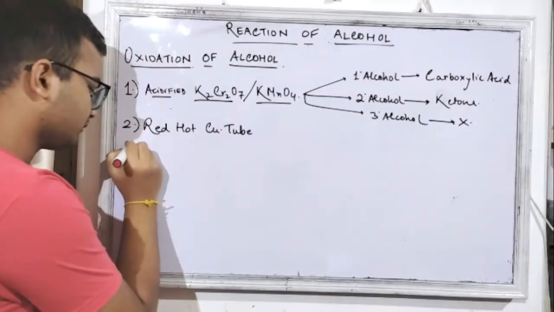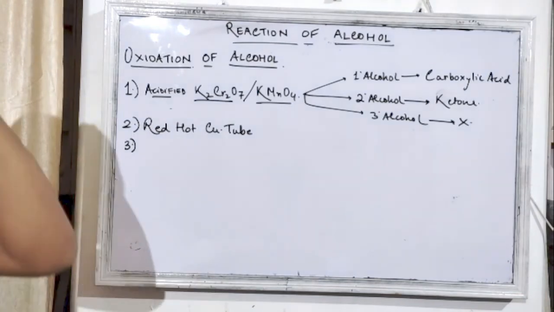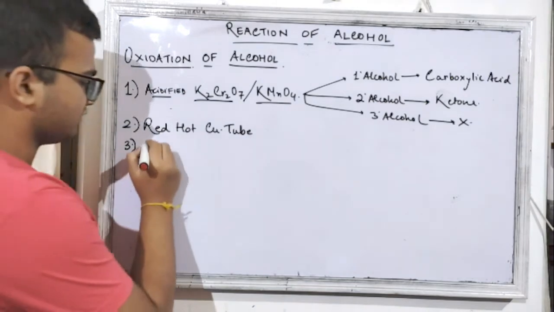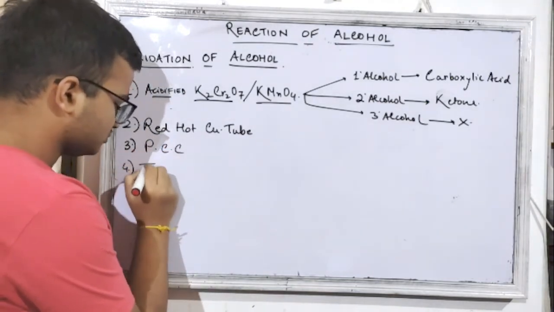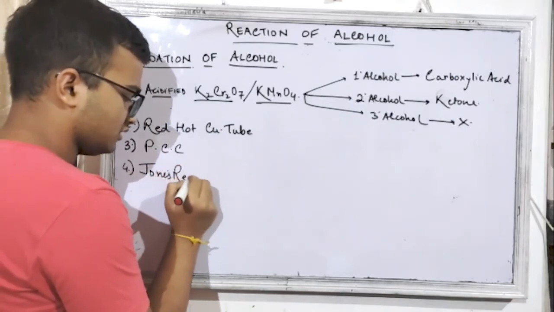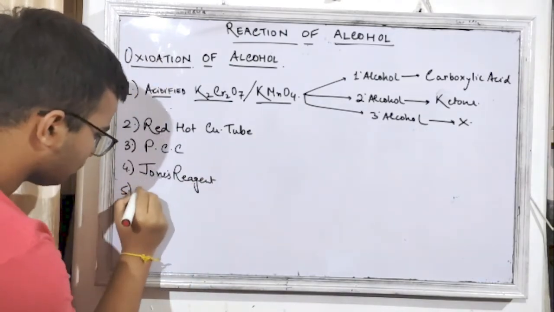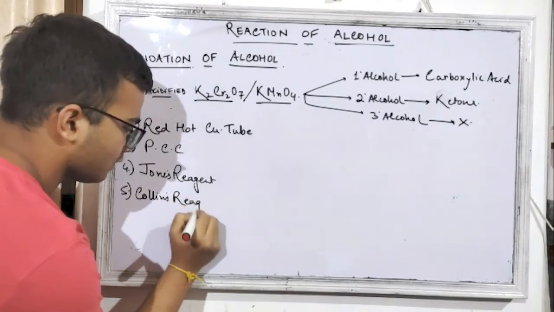The third thing which we have is PCC, which is the pyridinium chlorochromate. After this we have Jones reagent. After this, we have another thing which is called the Collins reagent. Okay.